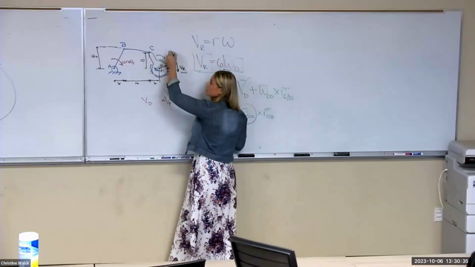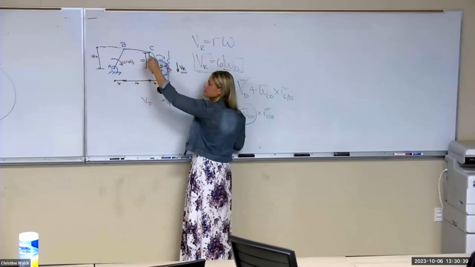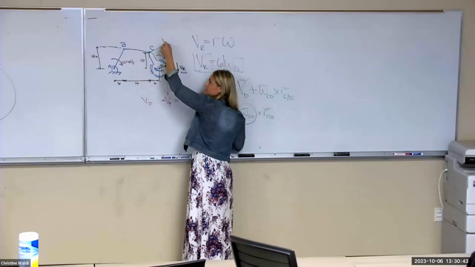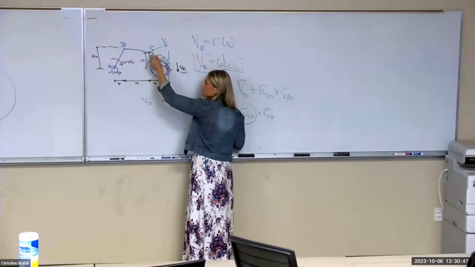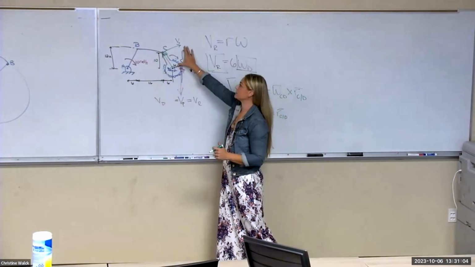If C is rotating about D in pure rotation, that means that my velocity vector is going to look something like this, which is perpendicular to my R vector. And I'm writing my R vector, RC with respect to D. So my R vector looks like this, where the head is at C, the tail is at D. These two are perpendicular to each other.